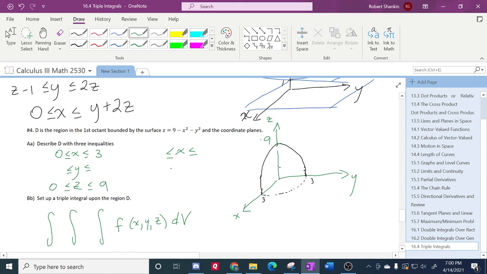So we can simplify the z equation to just 9 minus y squared. That's what I think. All right, so go back to your x. What do you have for x? From 0 to 9 minus y squared. And how did you get 9 minus y squared?